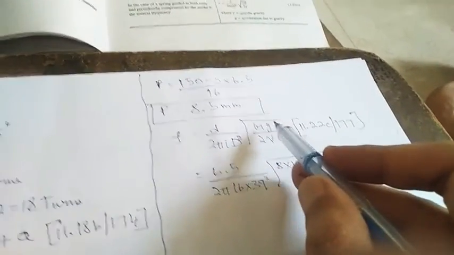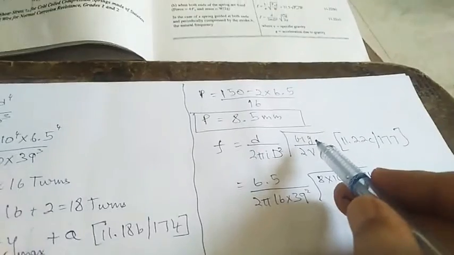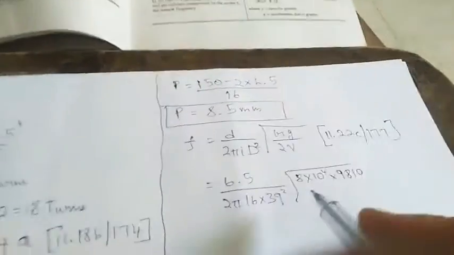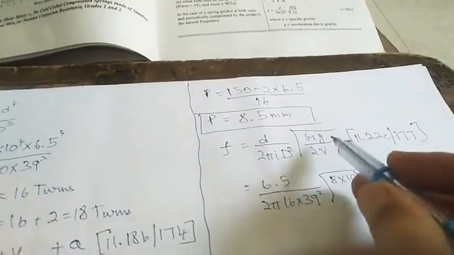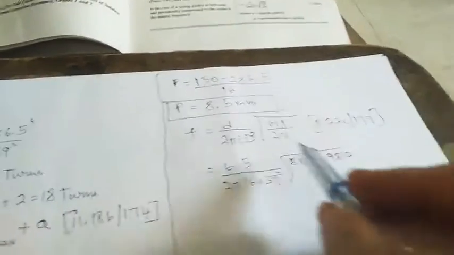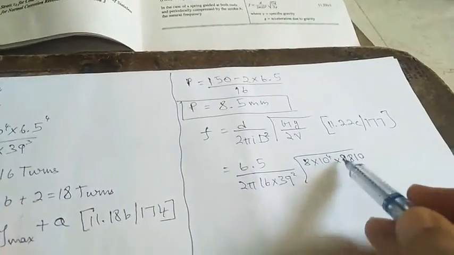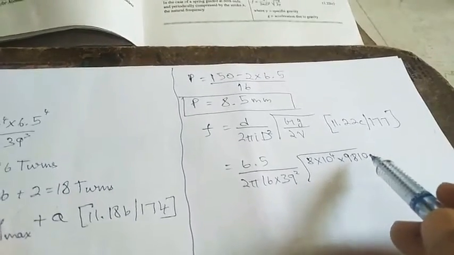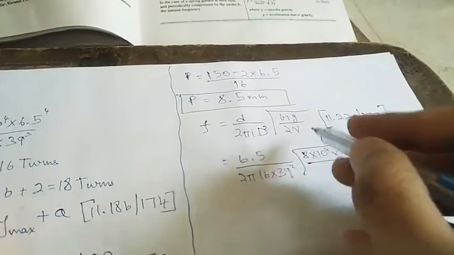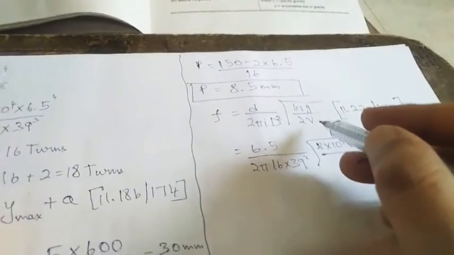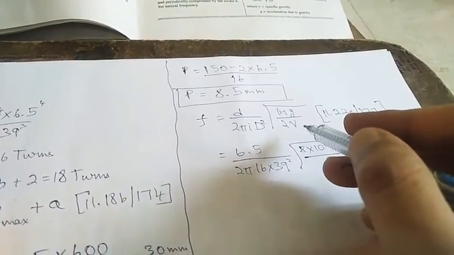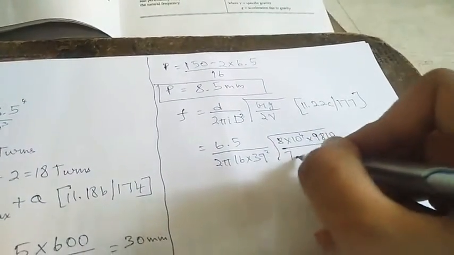The acceleration due to gravity is 9.8 meter per second squared, so that is why we substitute the value of g in mm, 9810 millimeter per second squared. And mu is given in the question as 7.35 into 10 power minus 5.